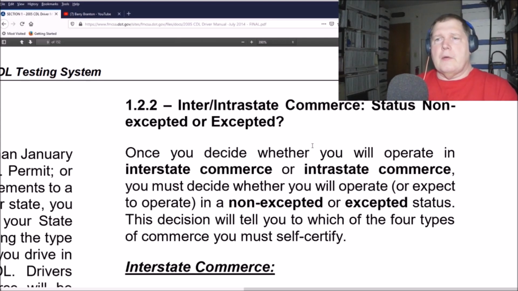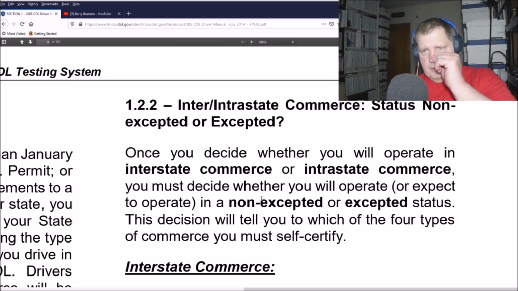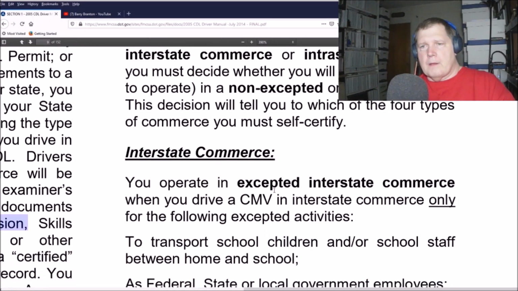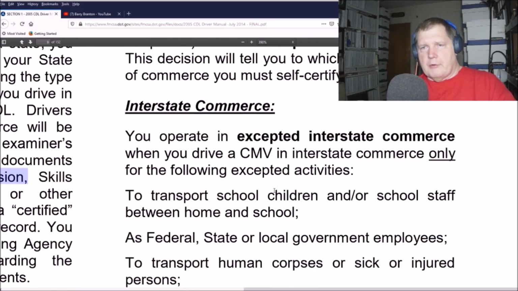Once you decide whether you will operate interstate commerce or intrastate commerce, you must decide whether you will operate or expect to operate in a non-accepted or accepted status. This decision will tell you to which of the four types of commerce you must self-certify.